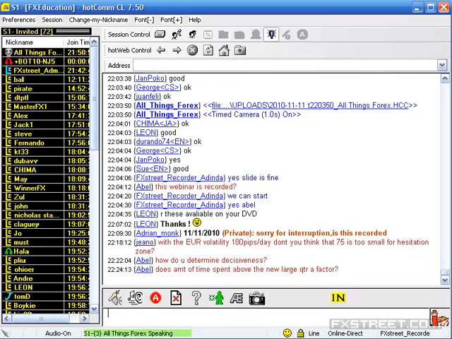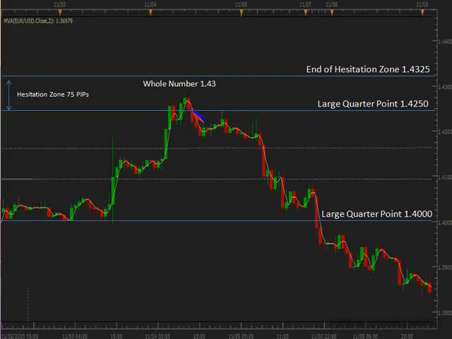If they fall and break below the large quarter point at $1.4250, that is not... Time is also a factor. Great question. Time is a factor. I explained that in my book. I have created what I call the 3-day rule of the quarters theory. Time definitely is a factor.